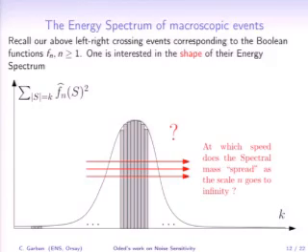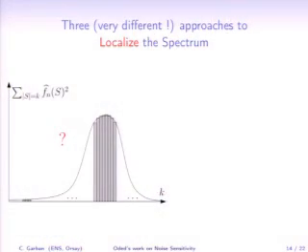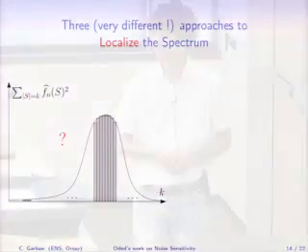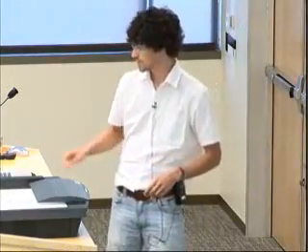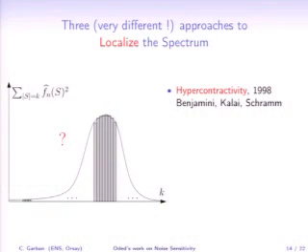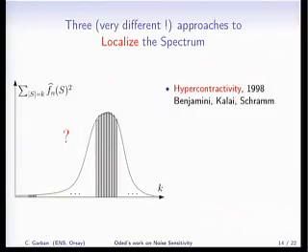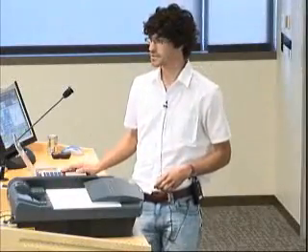So there are basically three very different approaches to try to localize where the spectral mass is. The first one was done by Oded, Itai, and Gil in '98, and it used techniques brought from analysis.